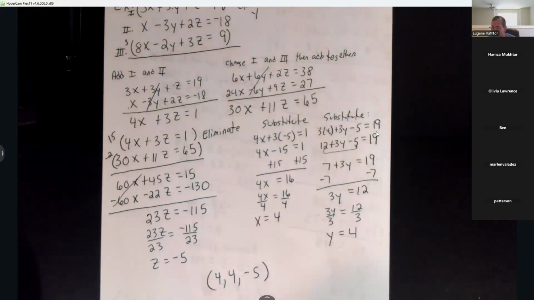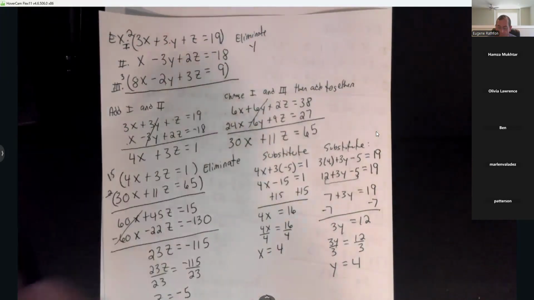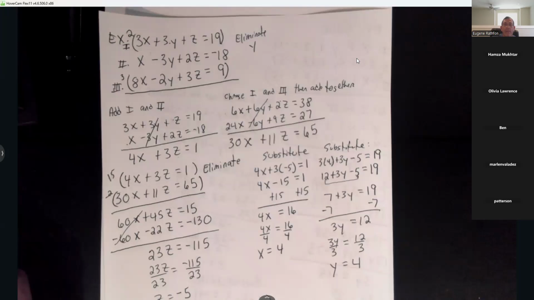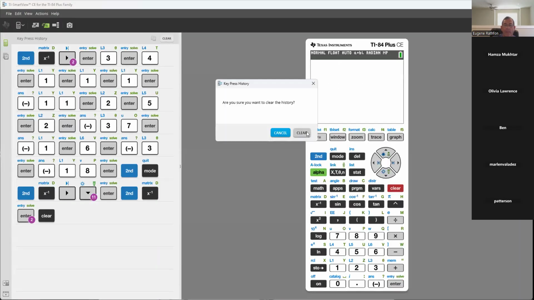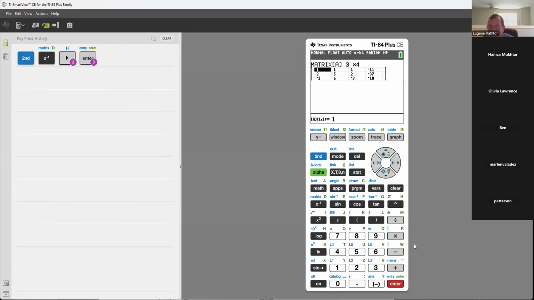Oh, yeah, y'all wanted me to show you that one on the calculator again. So remember, all I got to use is my original numbers here on that calculator. So clear everything off. All right, so second, x negative 1, arrow to edit, and enter. It's still a 3 by 4. So this time we had 3x, 3y, 1z equal 19.